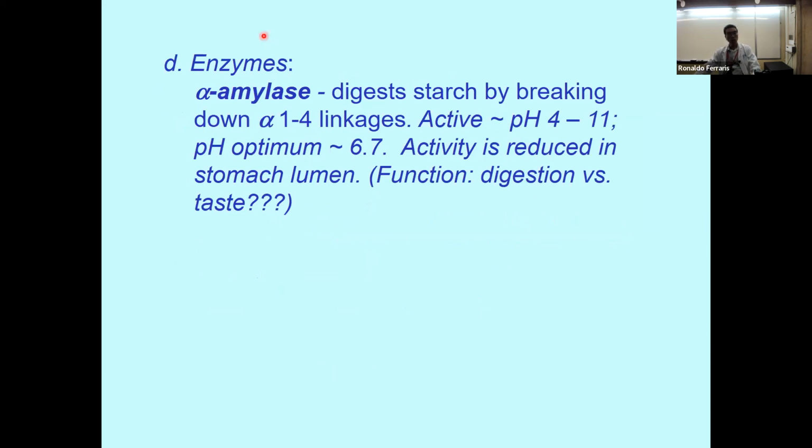And also enzymes. So we have alpha amylase, which can digest starch. And since you can live without salivary alpha amylase, one wonders whether the function of this alpha amylase is to taste the food that you eat.